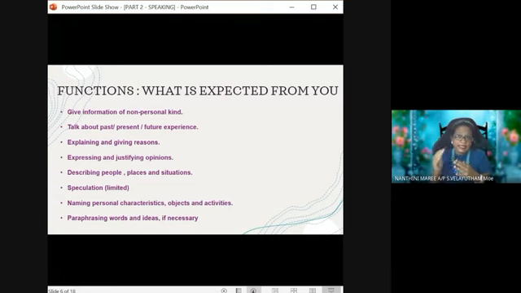Next, you need to be able to describe people, places, or situations. For example, if the topic is your family outing, you need to describe the place. For a question like this, the five senses technique will be useful.